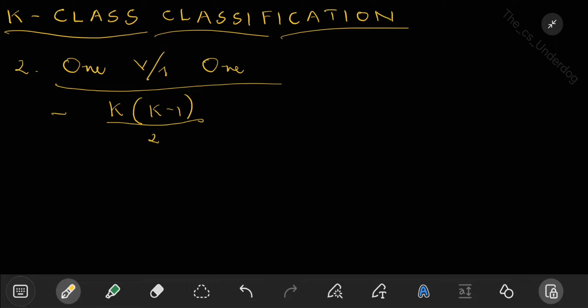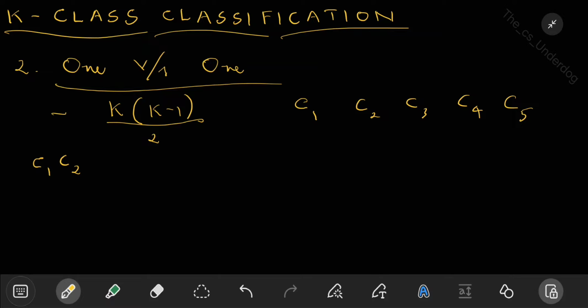That is, there will be one classifier which would distinguish between, let's say, C1 and C2. Maybe one would distinguish between C2 and C3, and so on. So, for example, if there are 5 classes, let us say C1, C2, C3, C4 and C5, in this case, there will be one classifier which would identify C1 and C2.